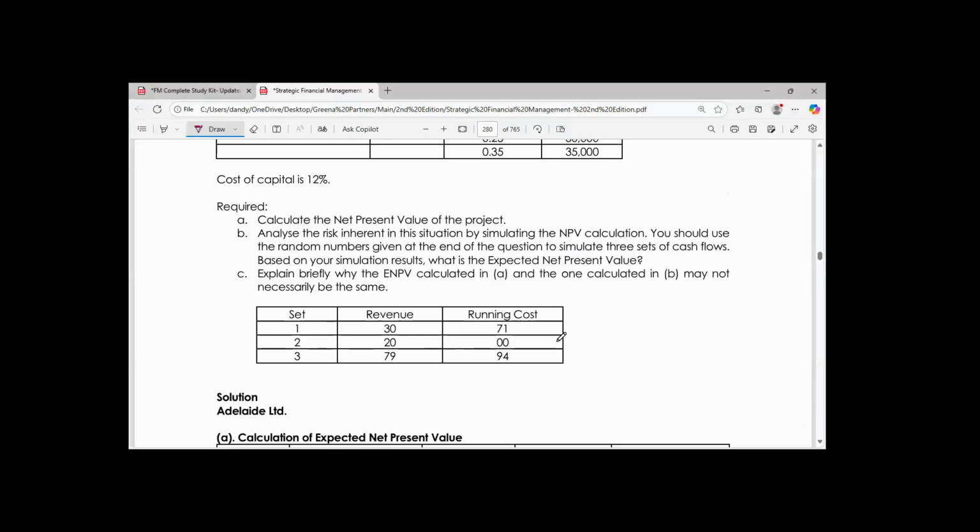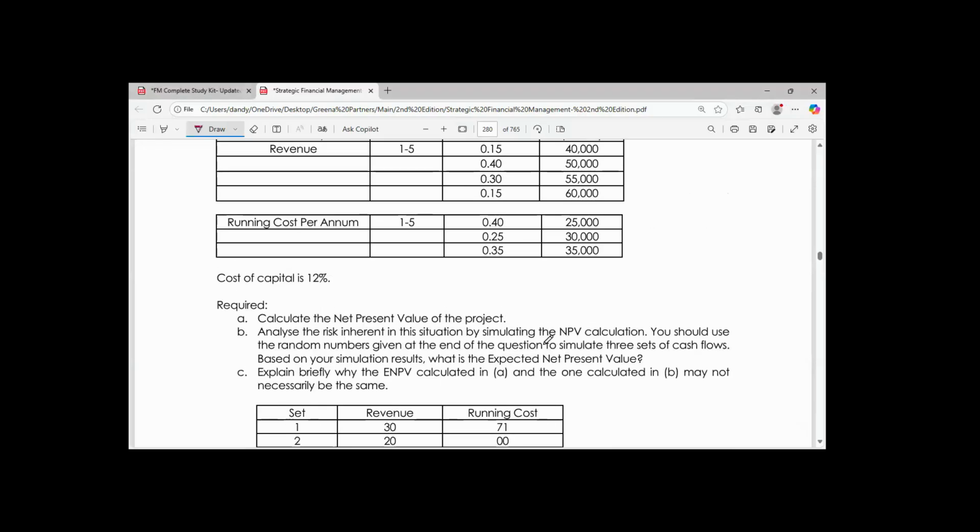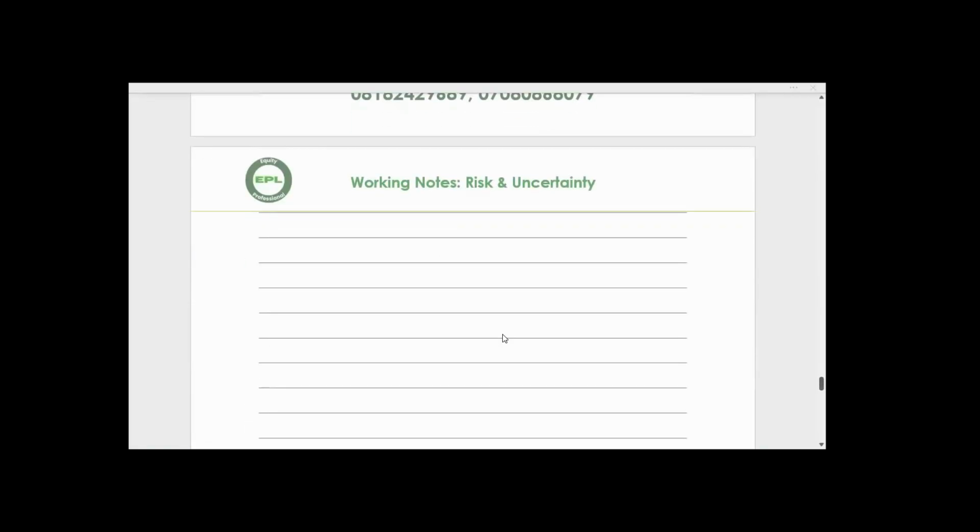All right. So let's solve now. You want to calculate NPV. So let me stop sharing this and move to the working notes. The name of the company is Adelaide Limited. Requirement A: calculating NPV.